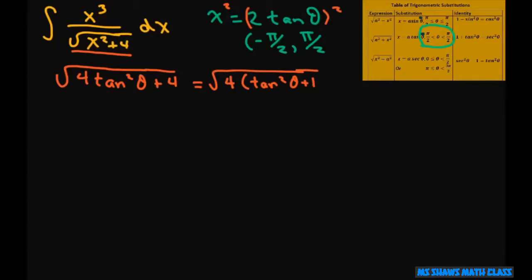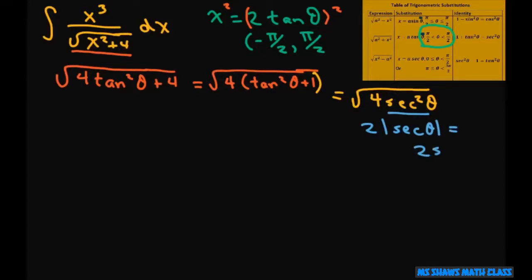With your Pythagorean identities, this is going to be the square root of 4 secant squared of theta. Now, you square root it, and you're going to get 2 times the absolute value of secant, which just equals 2 secant theta, because secant is 1 over cosine, and cosine is positive in quadrants 1 and 4, which is where theta is restricted.